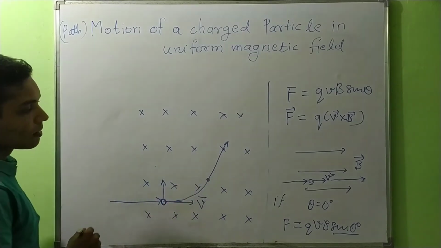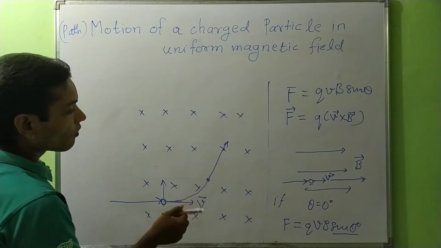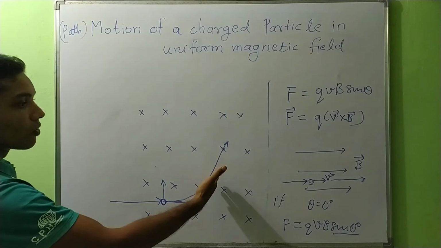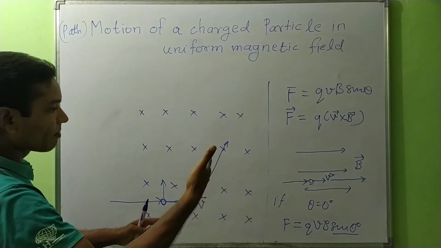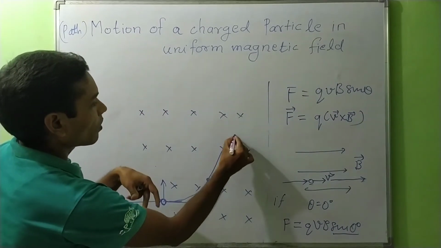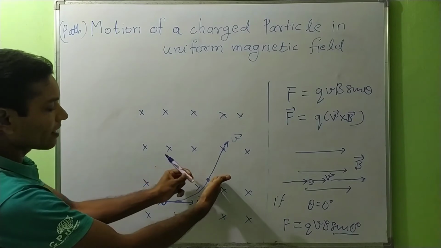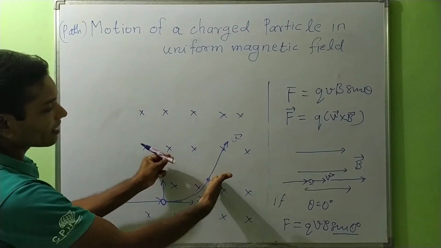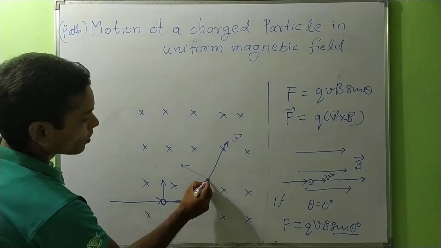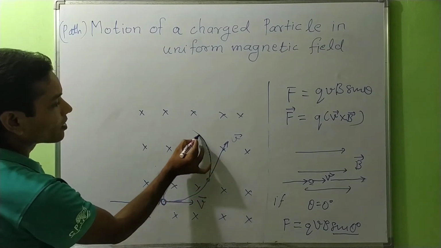By the right hand palm rule, using the direction of magnetic field and the direction of velocity V, the charged particle experiences the force along this direction. Means the force will be along this direction. The charged particle will follow this curved path.